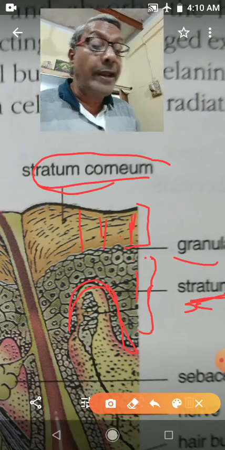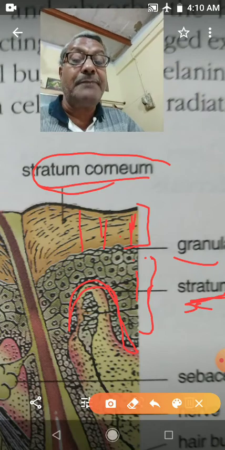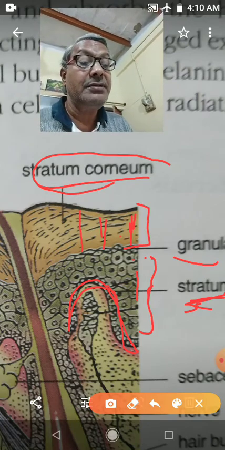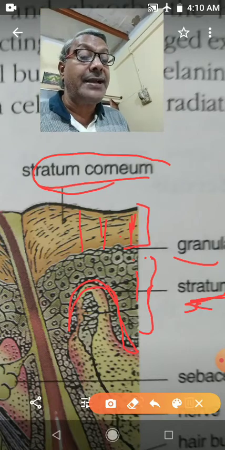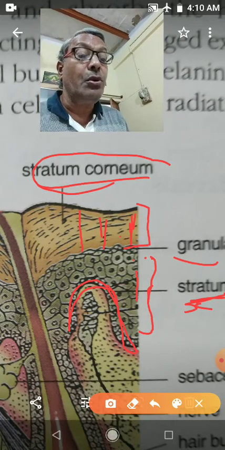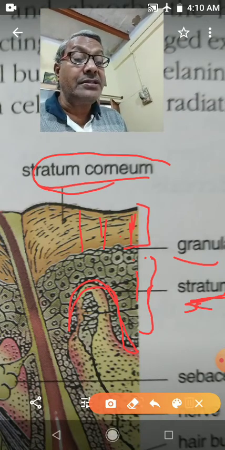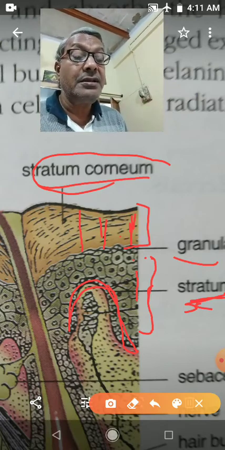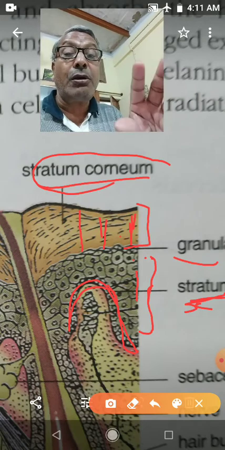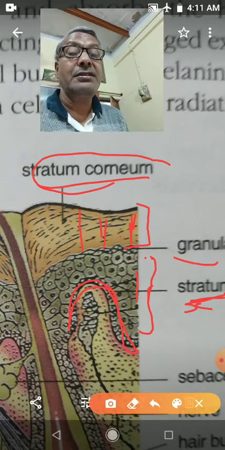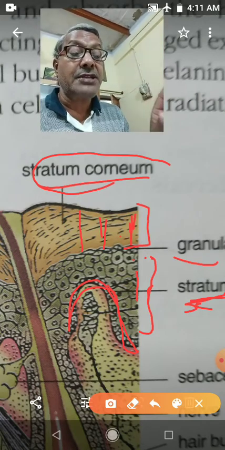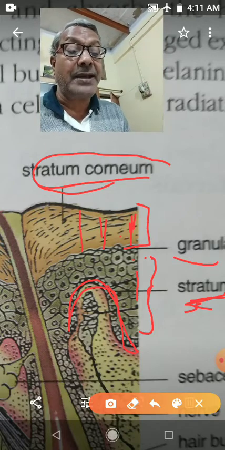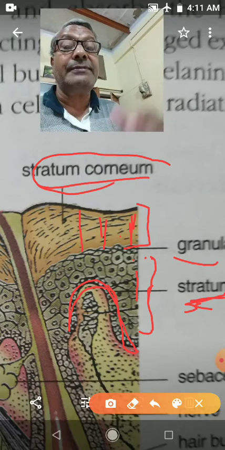There are two abnormal conditions of skin pigmentation. One is leukoderma, also called vitiligo. There is loss of skin pigment in the form of small or large patches at different regions of the body.